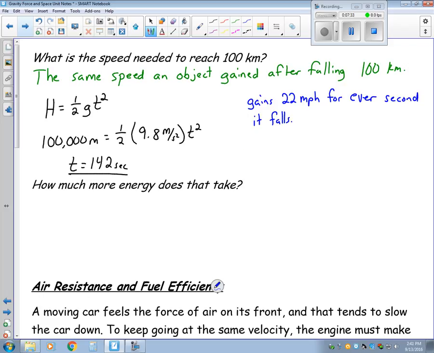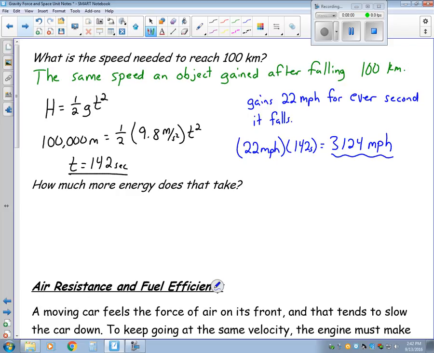So, if I take 22 miles per hour and multiply that by 142 seconds, what that gives me is 3,124 miles per hour. So, again, ignoring air resistance.